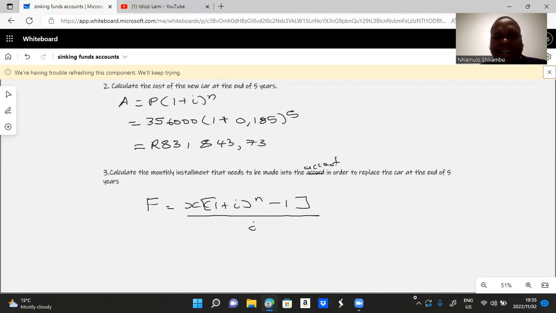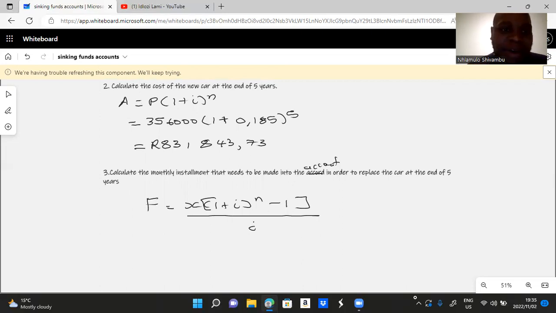So they want us to calculate the monthly installment that needs to be made into the account. Before we calculate it, we need to know how much the company will need in order to purchase this vehicle. This vehicle, remember, costs 831,843.73.